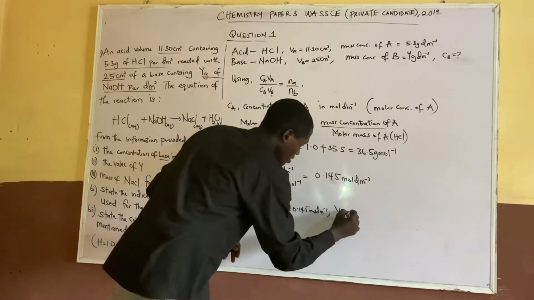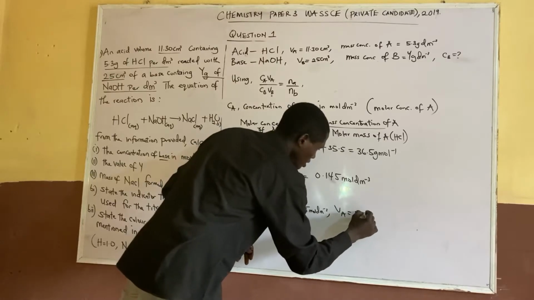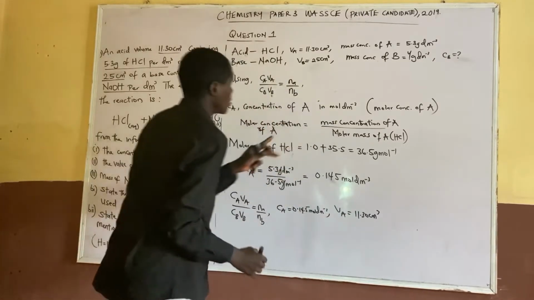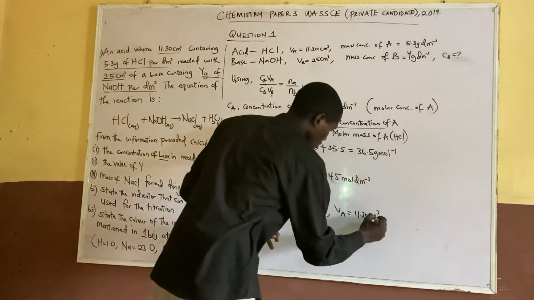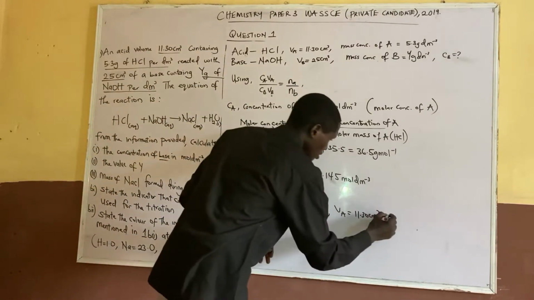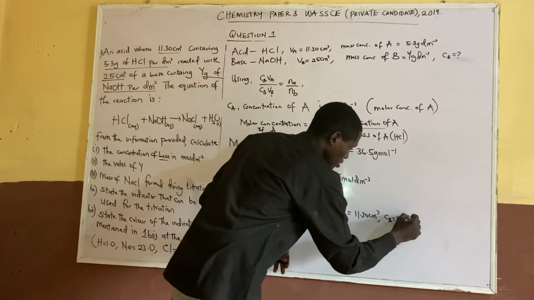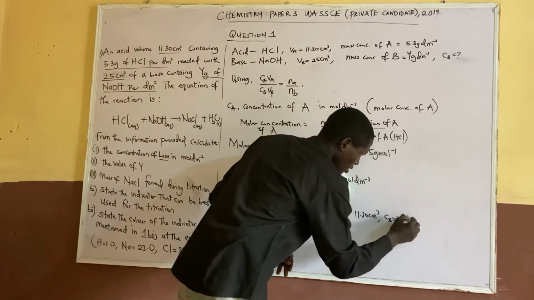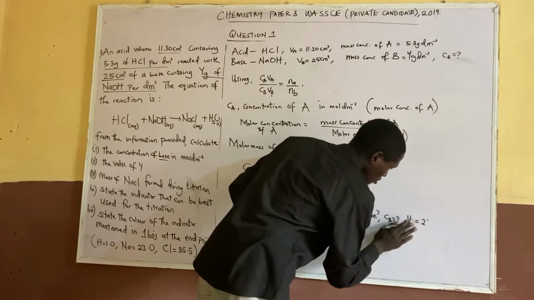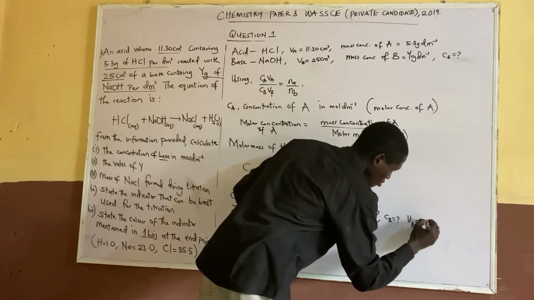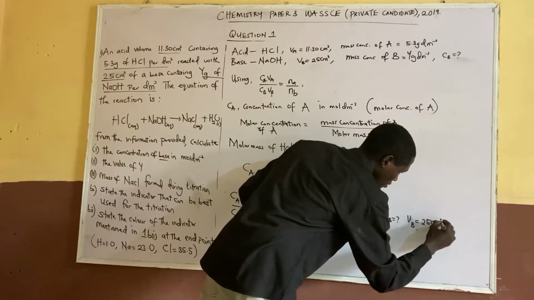VA is 11.30 centimeter cube. CB is what we are looking for. VB is the volume of the pipette used, which is 25 centimeter cube.